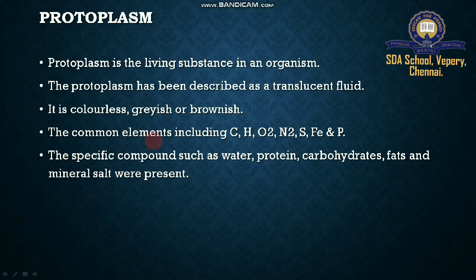The common elements include carbon, hydrogen, oxygen, nitrogen, sulfur, iron, and phosphorus. Some elements are commonly present in all protoplasm, such as carbon, hydrogen, oxygen. CHO is the framework of carbohydrate, the framework elements of all living organisms. Then nitrogen, sulfur, iron, and phosphorus are also present.